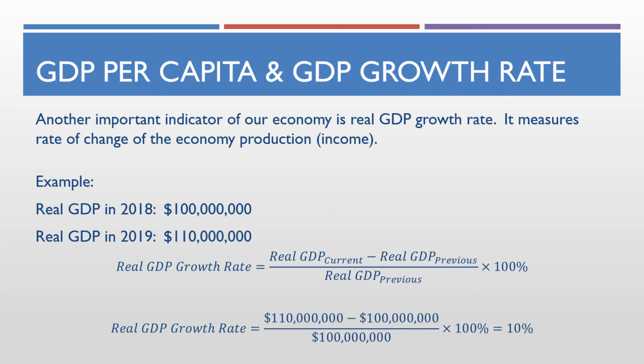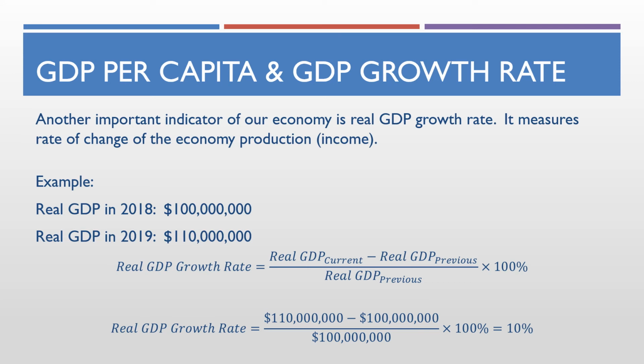Given an example, we have the real GDP in 2018, which is $100 million, and the real GDP in 2019, which is $110 million. We use the most current year, 2019, minus the previous period, which is 2018.